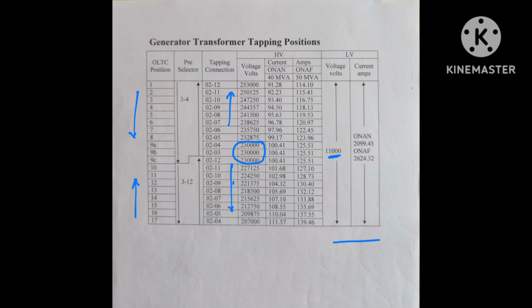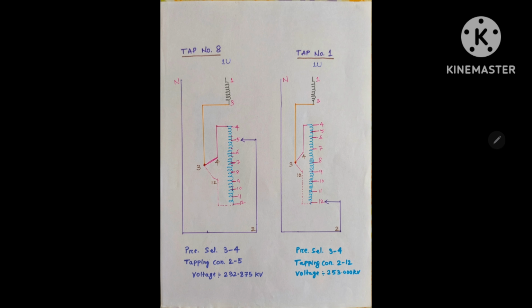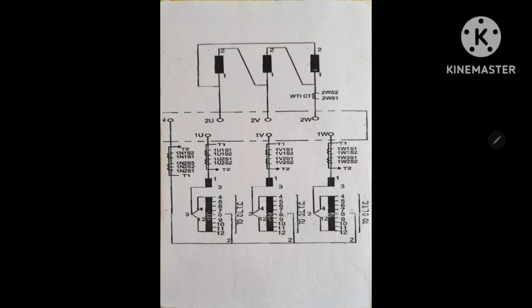Hope you have understood those internal arrangements. So this is for the entire 3 phase. Whatever diagram I have shown you was for one phase only; here it is U, V and W, the 3 phase connection, like this. So this is the additional winding connection.